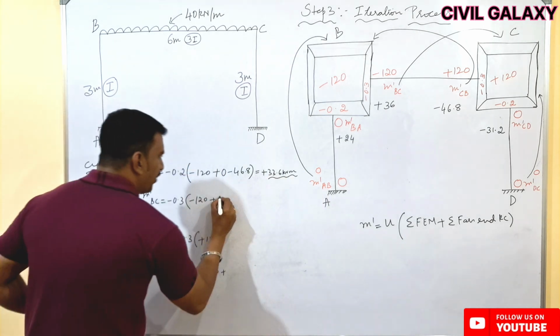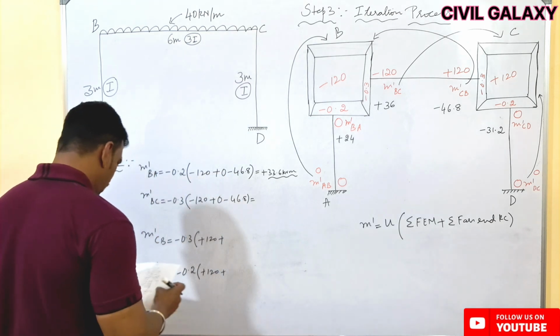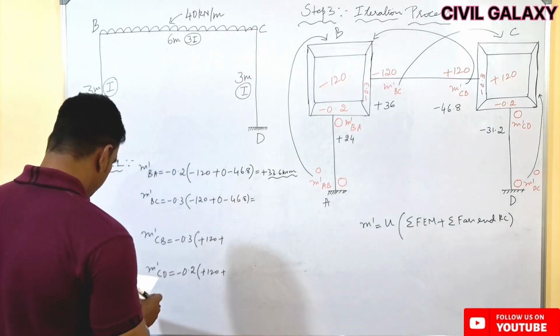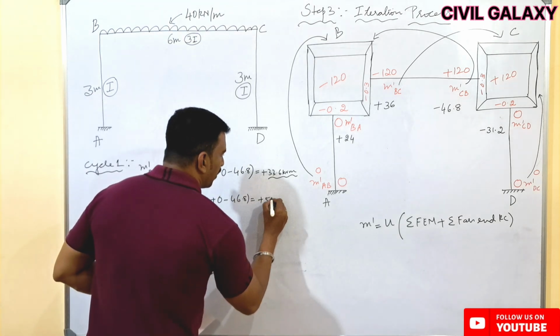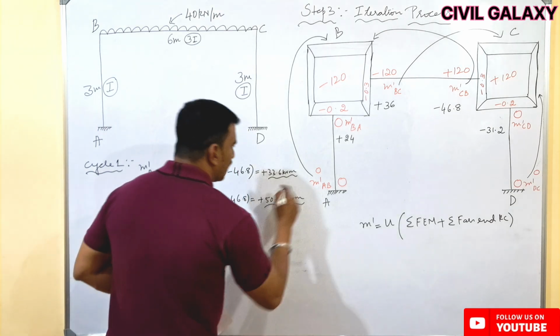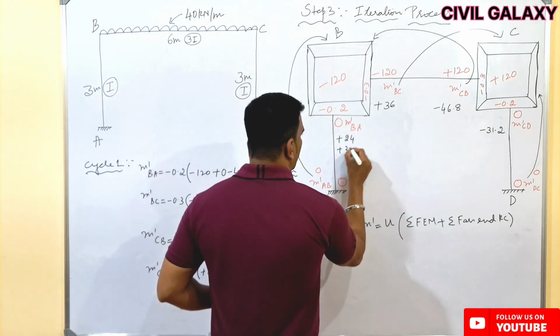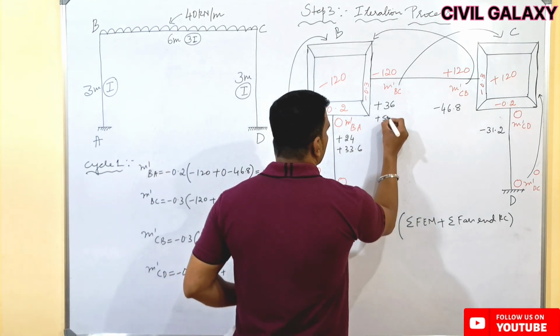Next, it will be plus 0 minus 46.8, which gives a value of plus 50.04 kilonewton meters. We write plus 33.6 here and plus 50.04 here.